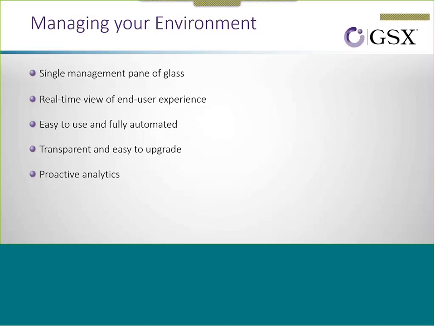And so you need to have role-based single pane of glass management solutions. You also need to know what the user is experiencing real time. Users are very fast to come down hard on IT departments that don't even know that there is an issue or that are not addressing it immediately. So real-time views are important.